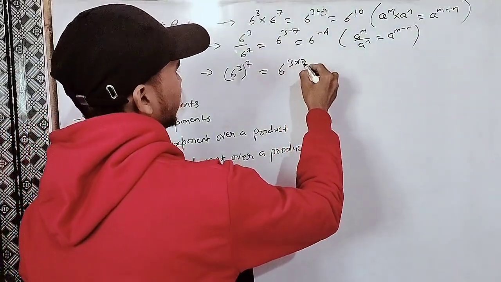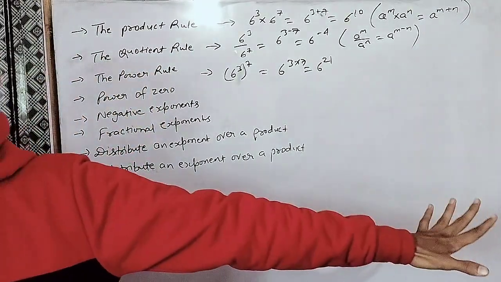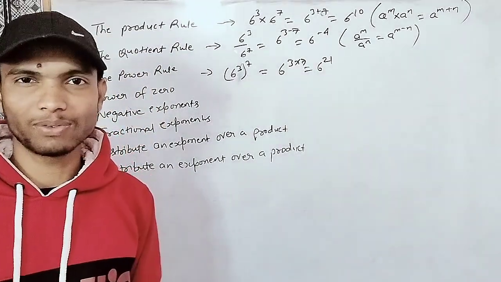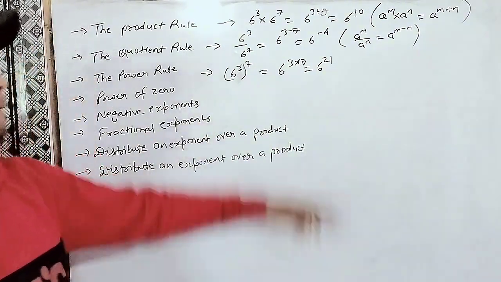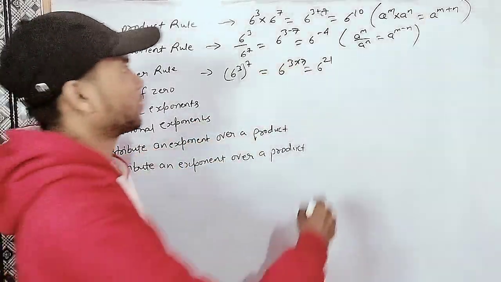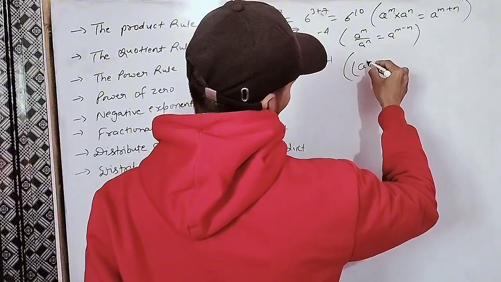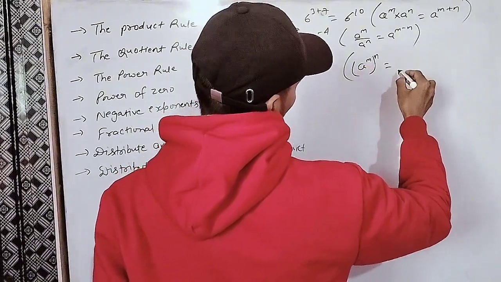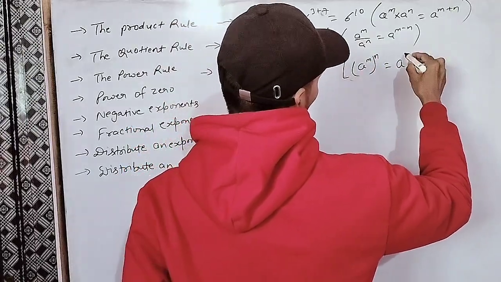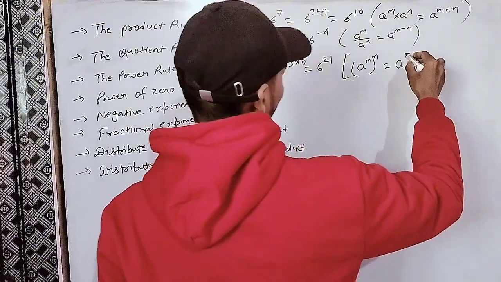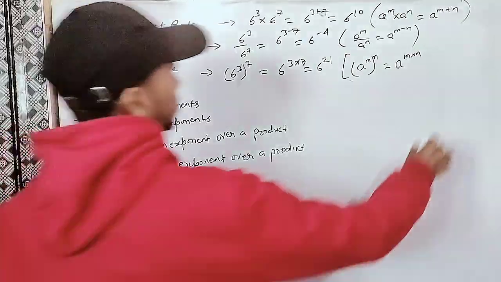So here you can see what I am doing. 7 times 3 is 21, and now we have 6 raised to the power 21. So here we can write in alphabet a to the m to the n. Whatever exponents we have, we will just multiply. We will get the answer. Clear?